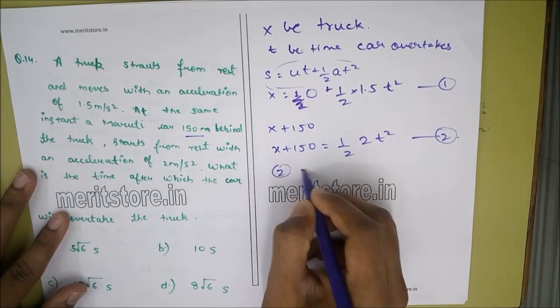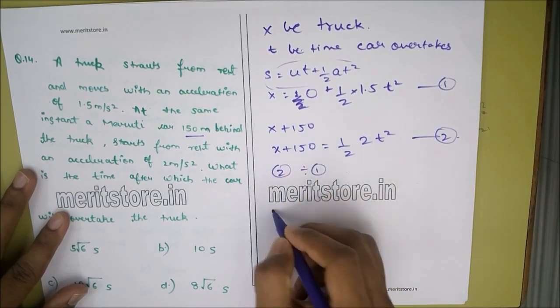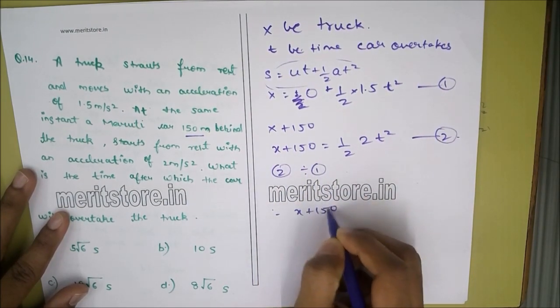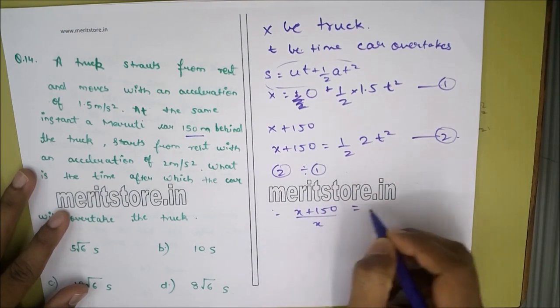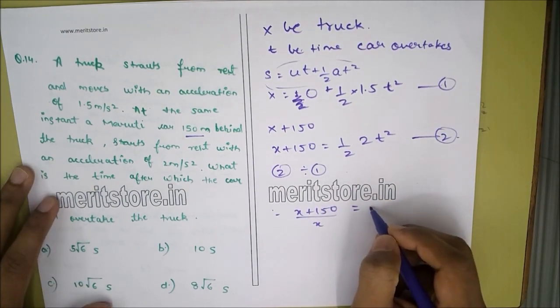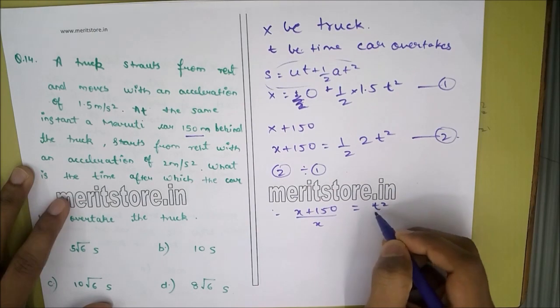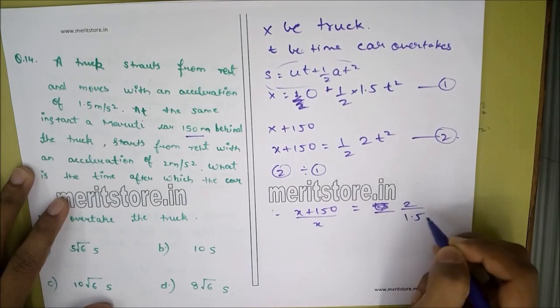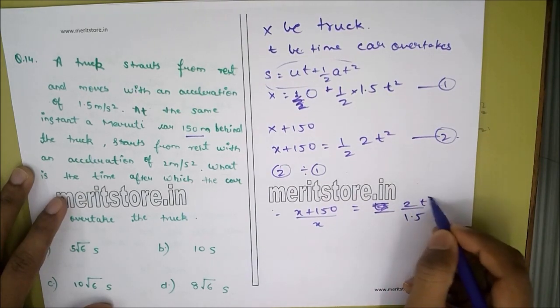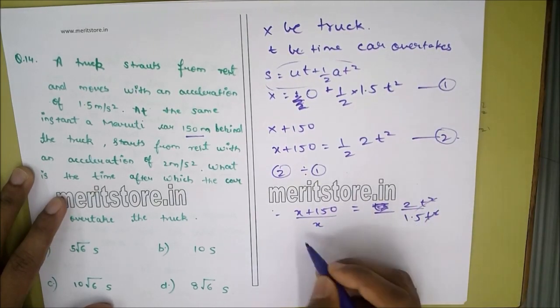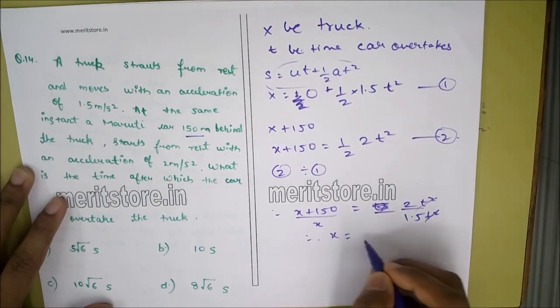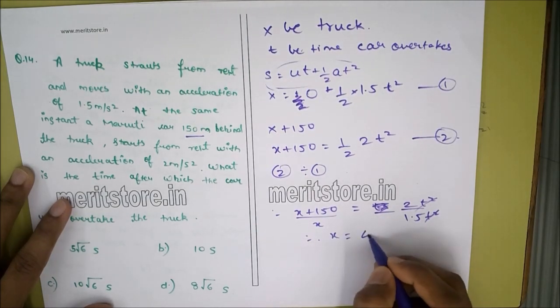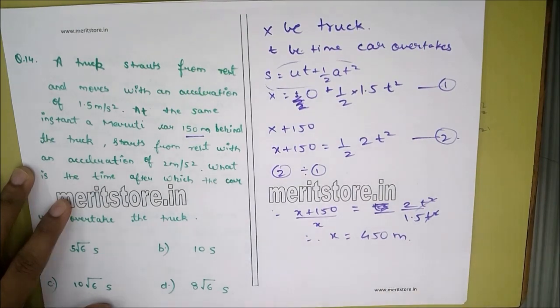So dividing 2 by 1, we get x plus 150 upon x is equal to 2 upon 1.5. t square gets cancelled on both sides. Therefore, the value of x turns out to be 450 meters.